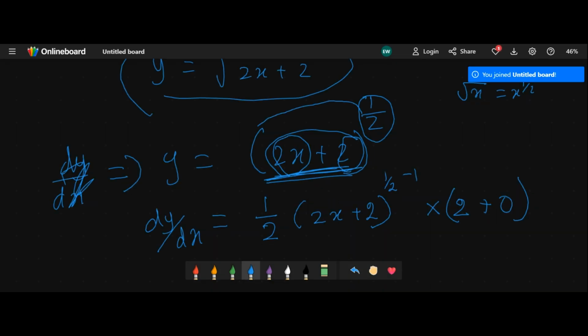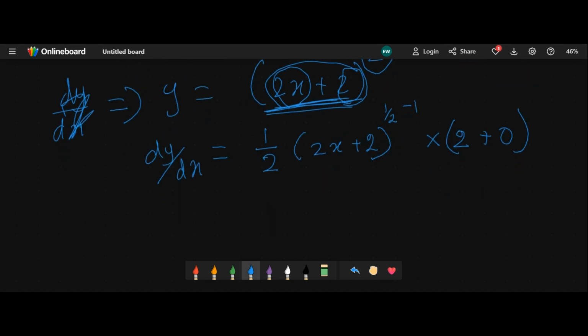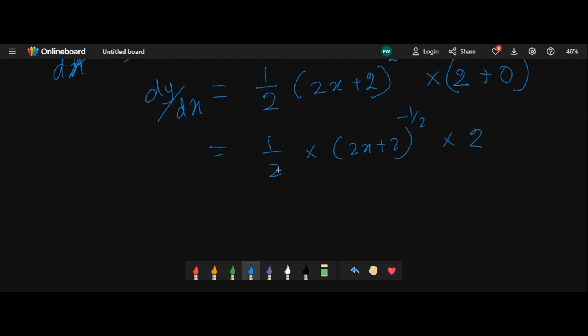So it will be half into 2x plus 2, to the power half minus 1, which is minus half, into 2 plus 0, 2. Now this 2 and this 2 will be cancelled. So the answer is dy over dx is 2x plus 2 to the power minus half.